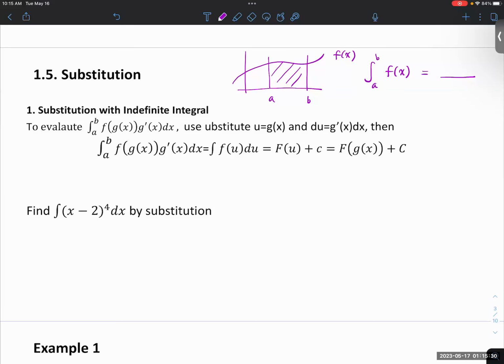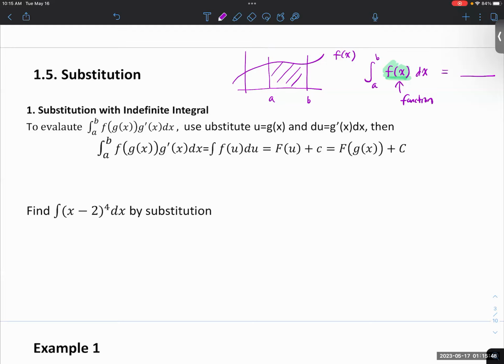But here is the question. The f of x actually has a dx at the end. So let me write it, dx, because we are taking the integral with respect to the x variable.